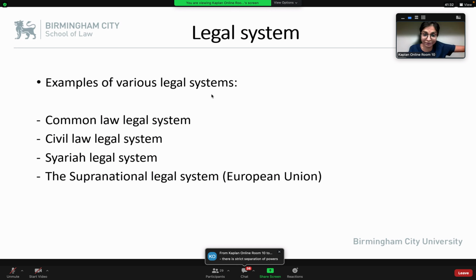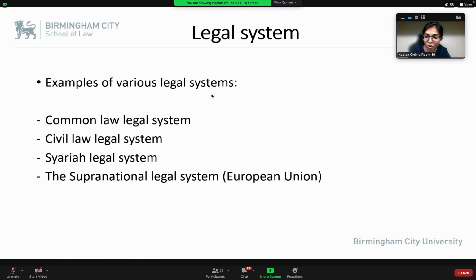Because in this system, judges must resolve disputes based on the laws enacted by Parliament.